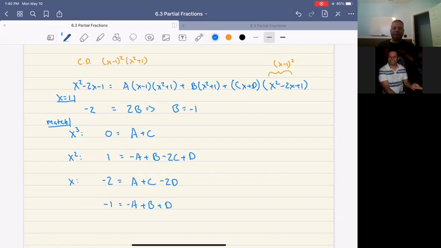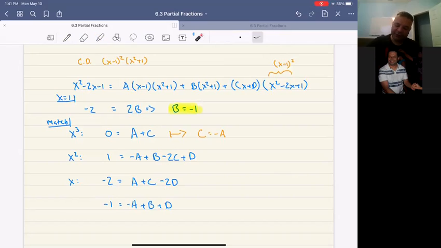All right, now let's see if we can do any solutions. One thing we note, because a plus c is 0, well, c is -a. And b equals -1.